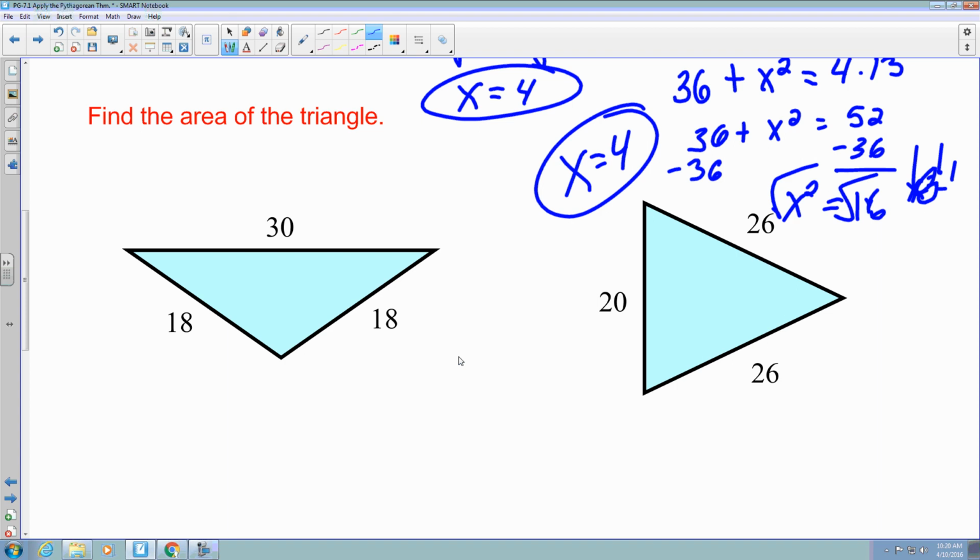All right, if you guys remember, the area of any triangle is 1/2 base times the height. Okay, so by looking at the side measurements of these 2 triangles, we have a certain type of triangle that is in relationship with their side lengths.